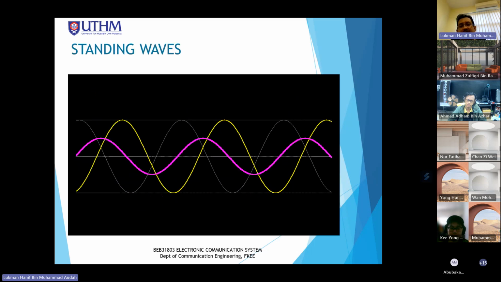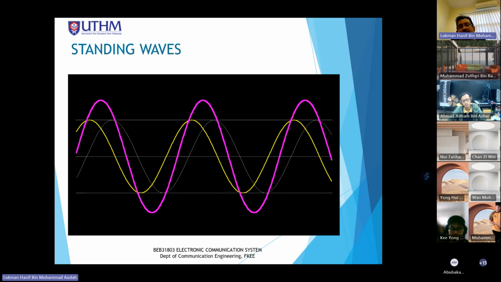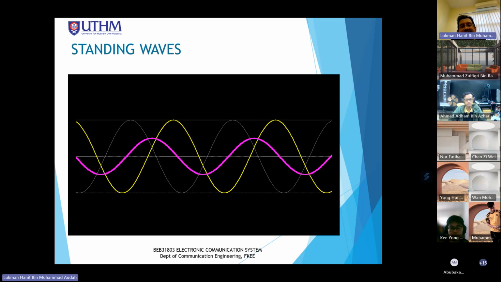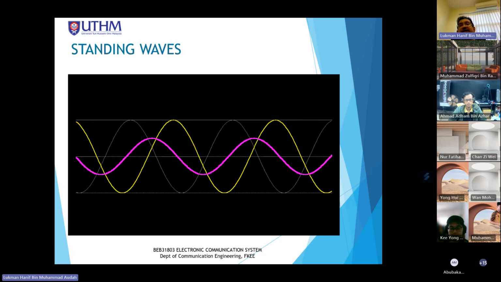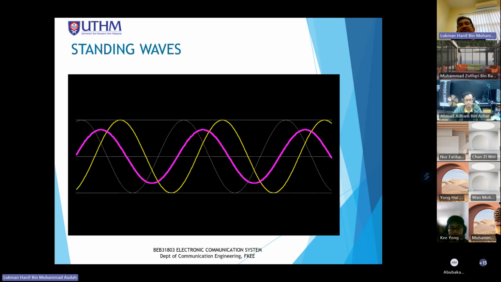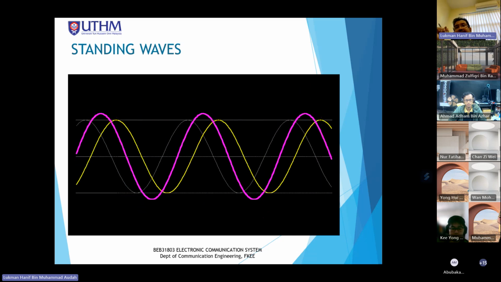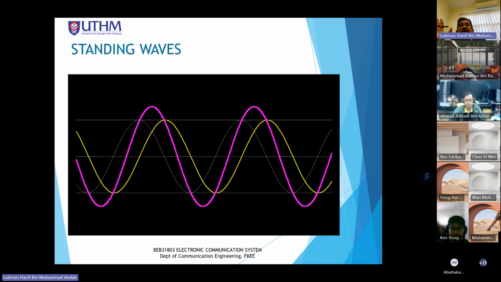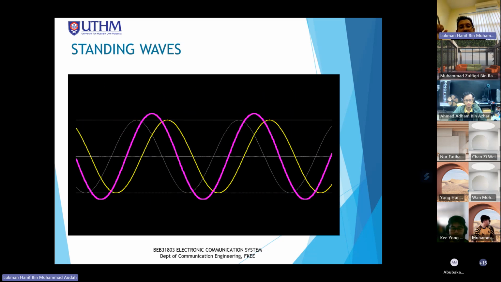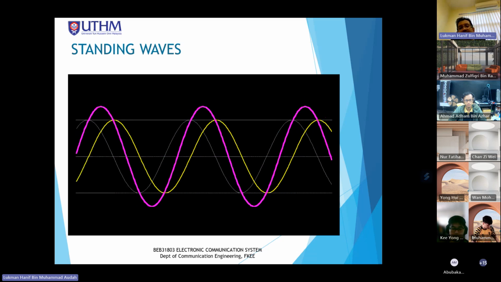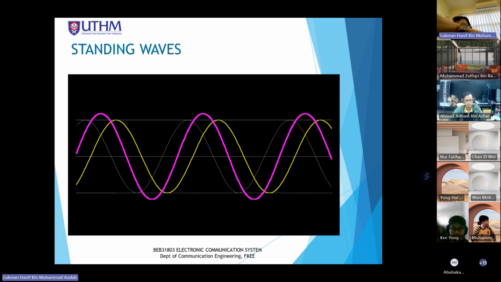So this is the animated graph to show you about the standing wave. Remember that we can only see the standing wave if we freeze the time. At a specific time, we freeze the time, and we're going to see that the wave looks as if it stands on a flat surface. If you look at this graph, the yellow graph moves from left to right.